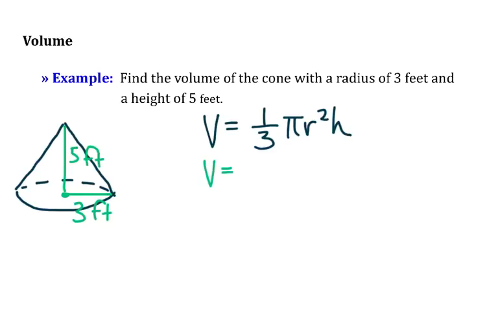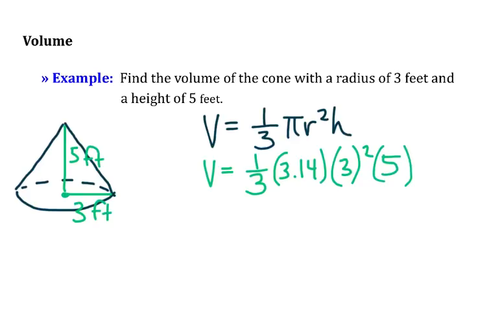So volume will be equal to 1/3 times 3.14, and then I'm going to be using 3 for the radius. What I'll do in this example, just to keep it a little less messy, is I'm going to drop off my units of feet, but remember at the end I'll need cubic feet, okay?